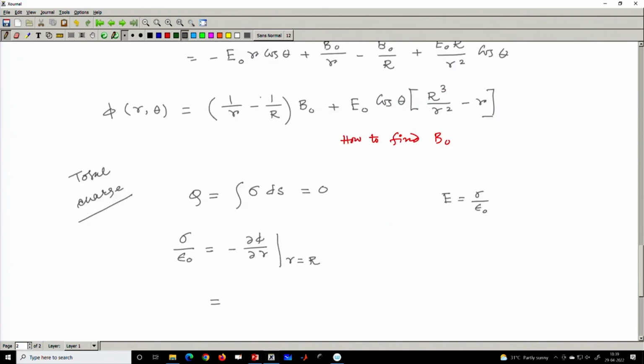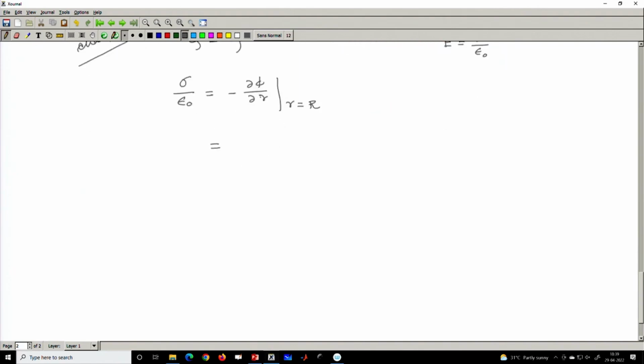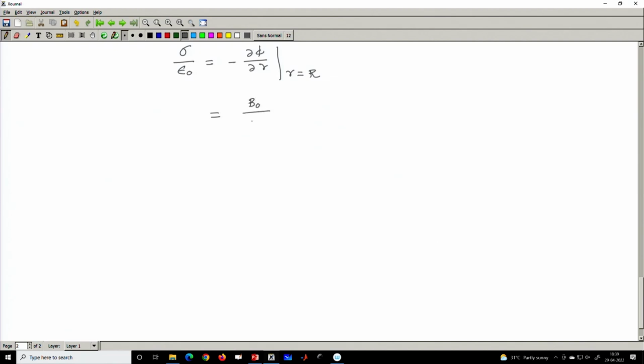So if this is my phi, I can take the derivative with respect to r, and if I do, I am going to get b0 divided by r square with a plus sign, because r is in the denominator, and then plus 2 E0 cos theta, with r cube divided by r cube, and then plus E0 cos theta.